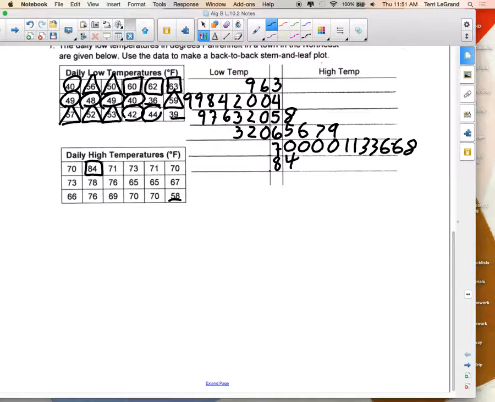Kind of want to make sure you have this one. You should have 18 also. Just make sure. I'm only seeing 17.